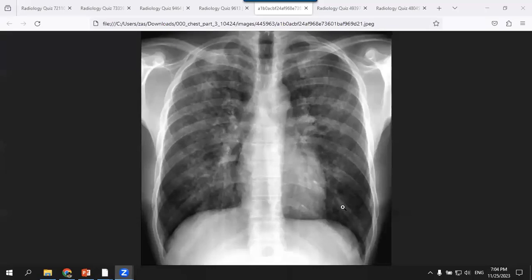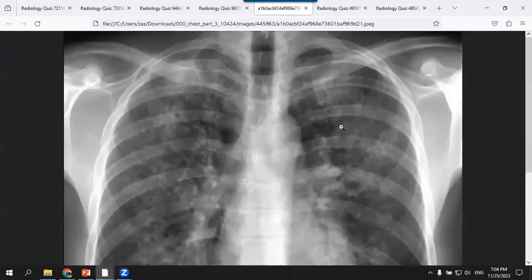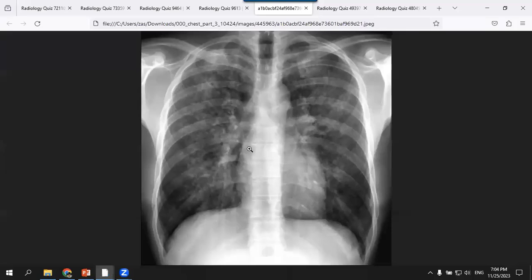Okay. I'm presented with a frontal chest radiograph of an adult patient. I can see that there is fine reticulonodular shadowing in both lungs, mainly at the mid and upper lung zones, with faint airspace hazy opacity seen surrounding them.